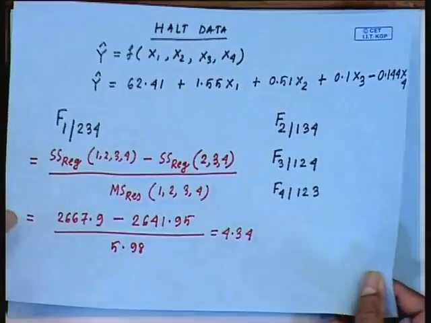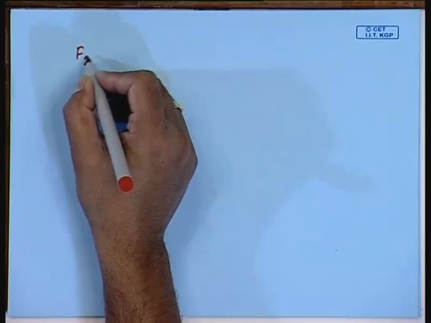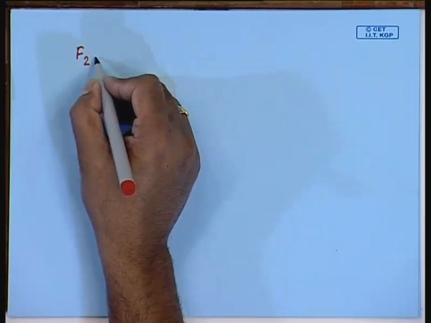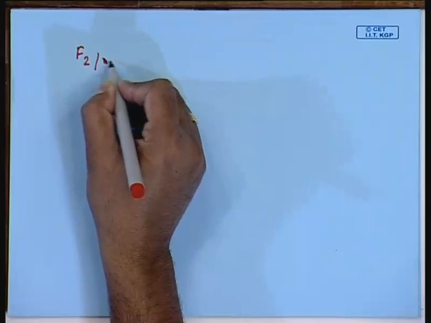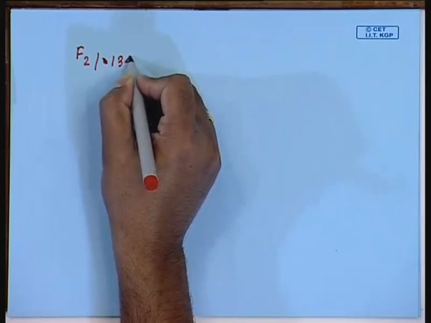F2 given 134. So F2 is the partial F statistic for x2 in the presence of x1, x3 and x4 in the model.